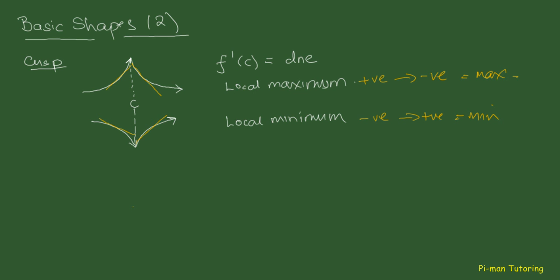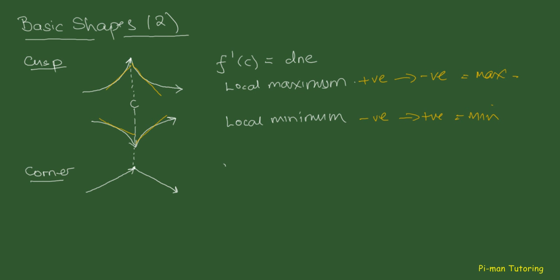Very similar to the cusp is the corner. Except here we're dealing with linear things. So if a function is linear up to some critical point and then abruptly changes direction in this fashion, there's a discontinuity in the function at that point.